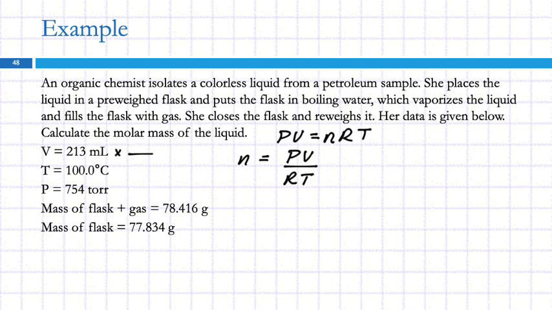So we need to change milliliters to liters. So 1 times 10 to the minus 3 liters is 1 milliliter. And so this is 0.213 liters. 100 degrees Celsius, what do we need to change that into?